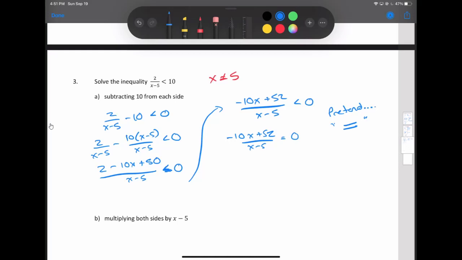We can multiply both sides by x minus 5, provided x is not equal to 5. And that gives us negative 10x plus 52 equals 0. I can then move the 52 to the other side. Negative 10x equals negative 52. And I can divide both sides by negative 10. And that's going to give me 5.2.